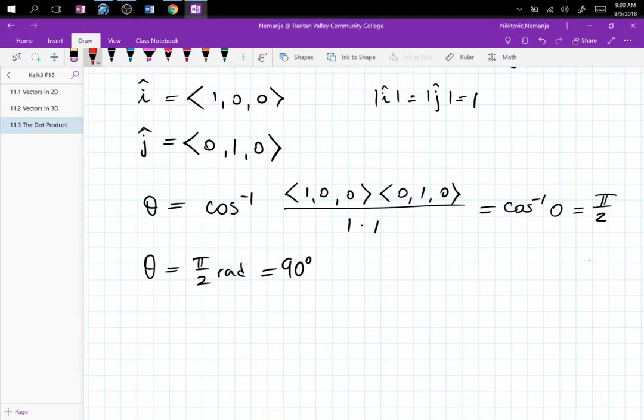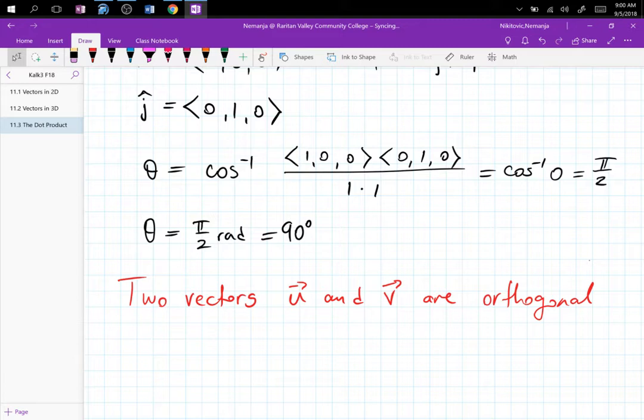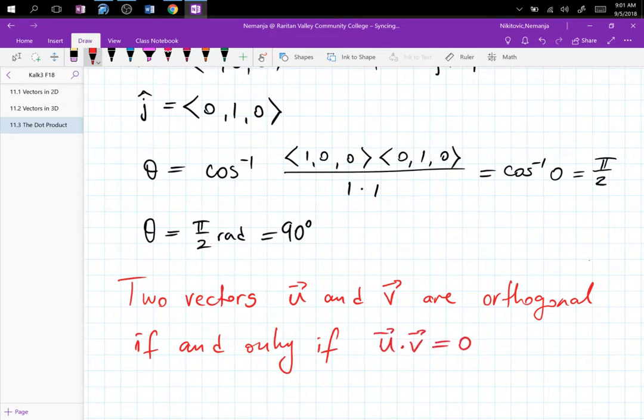It says two vectors u and v are orthogonal if and only if the dot product u dot v equals 0.